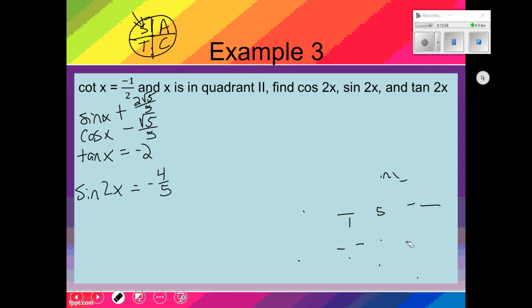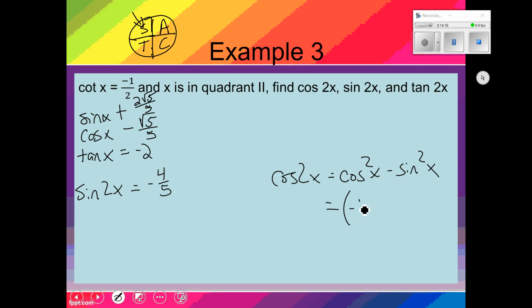Okay, so let's go to cosine. And cosine of 2x, I'm just going to use cosine squared x minus sine squared x. So negative square root of 5 over 5 squared minus 2 square root of 5 over 5 squared. So when I square, they cancel, and I get 5 in the numerator and 25 in the denominator.